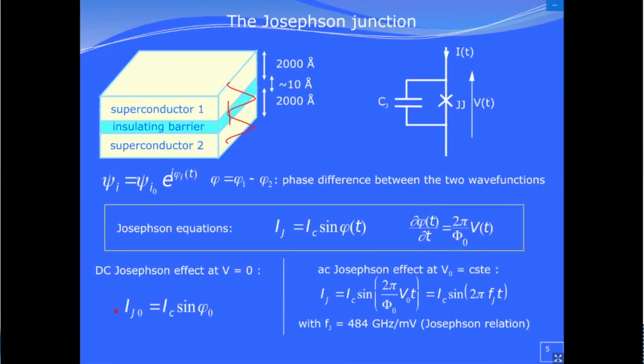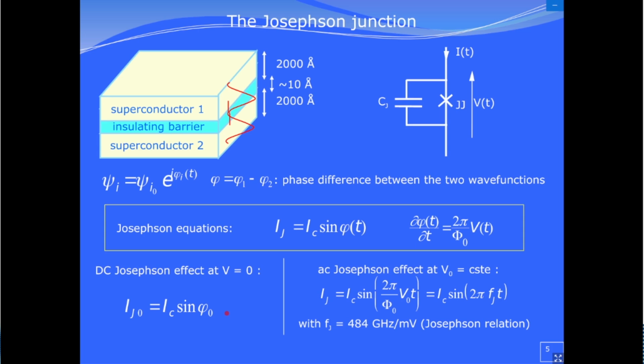If you have a 0 voltage, you have a constant current with a phase, and this phi naught is, mathematically, a constant of integration, but physically, it's a random value. So it can take any value when you cool. It depends on the way you cool the superconductor. When it reaches TC, there is an organization of electrons, I would say, and the lattice.